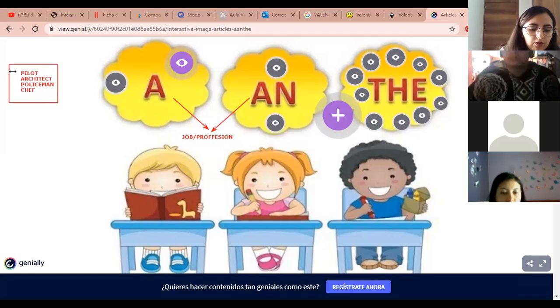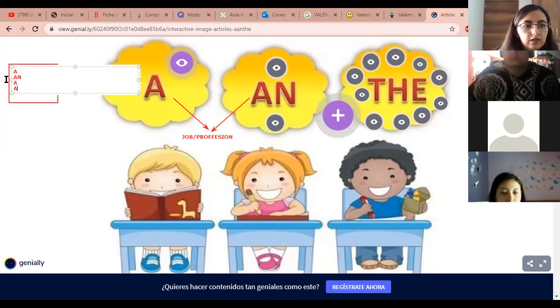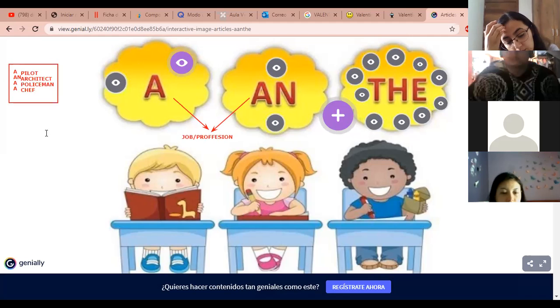He is a pilot. She is an architect. Yes, he is a policeman. Or maybe she is a chef. ¿No es cierto? Cuando estamos hablando de la profesión de una sola persona, utilizamos a o an.